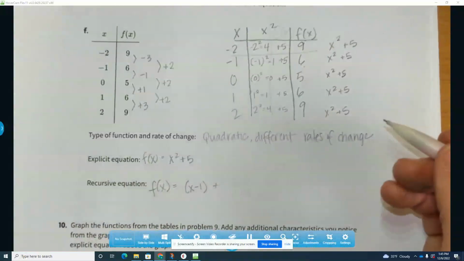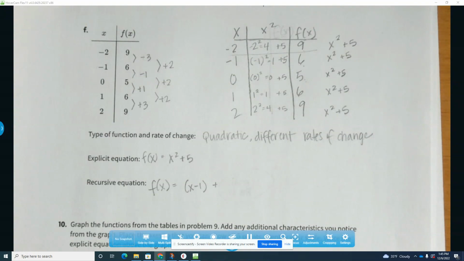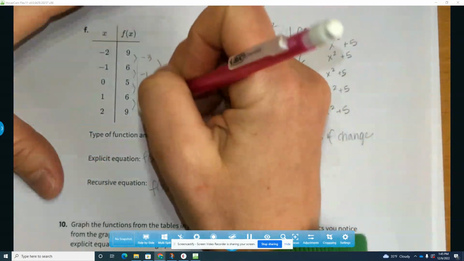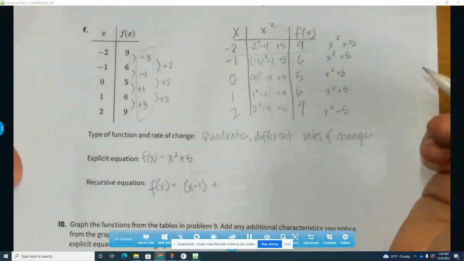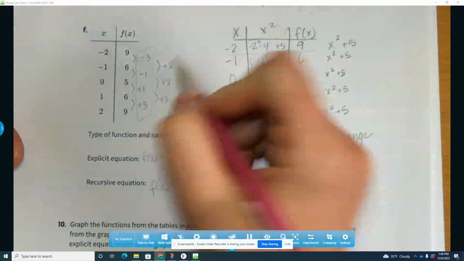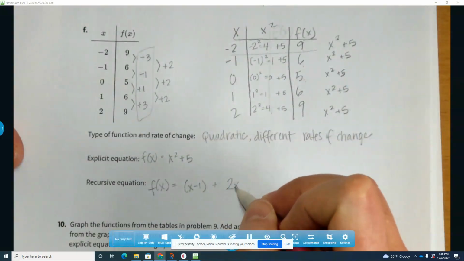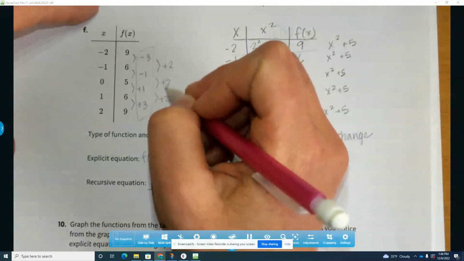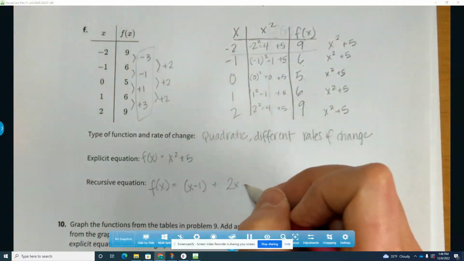So we need to look at our first difference here. Okay, our first difference is right here. Our rule is a 2. So there's our rule. Okay, and this rule starts applying at the first term.